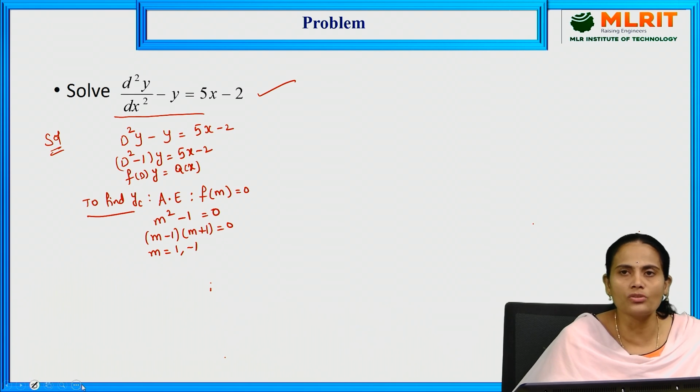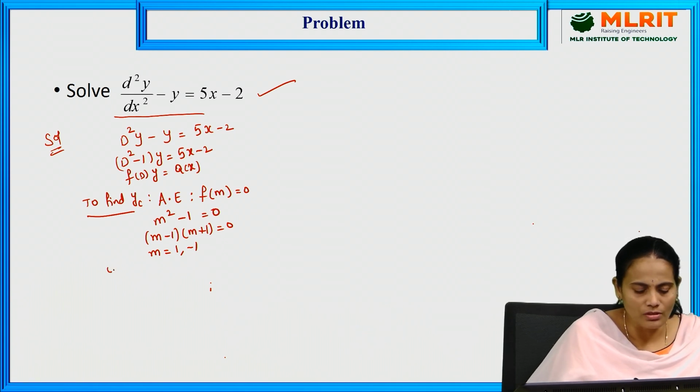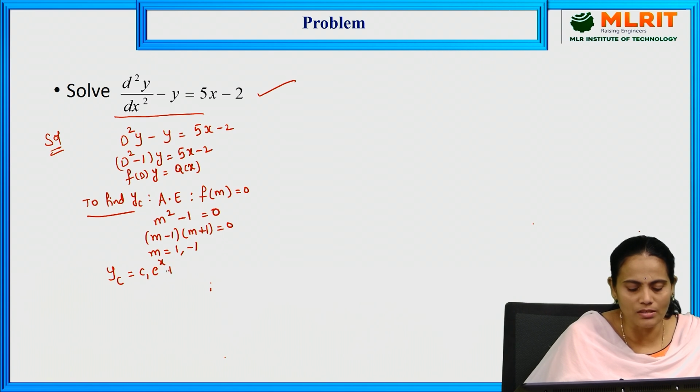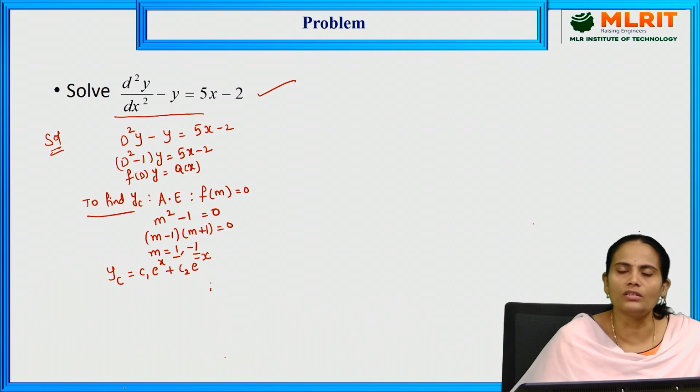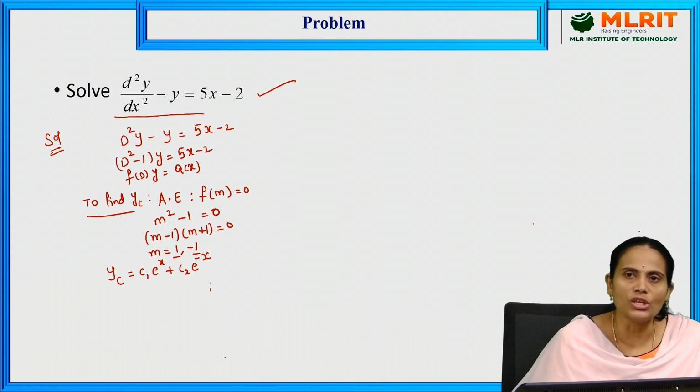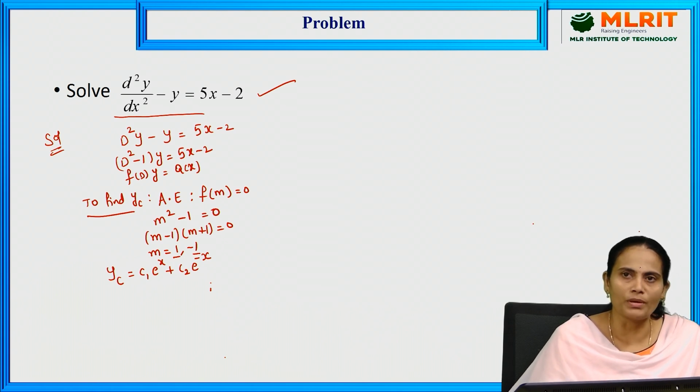Now write the complementary function: yc is equal to c1 e power x plus c2 e power minus x. Since 1 and minus 1 are real and distinct roots, the complementary function is c1 e power x plus c2 e power minus x.